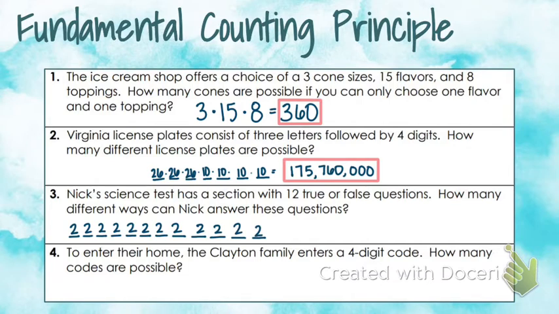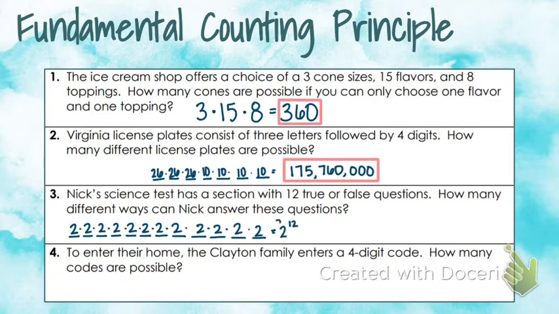Now, if we look at this, we could have said, okay, let's think about this. 2 times 2 times 2 times 2 times 2, and so on. Well, when we multiply something by itself, we can use exponents. So since there are 12 2's here, we could have said 2 to the 12th power.